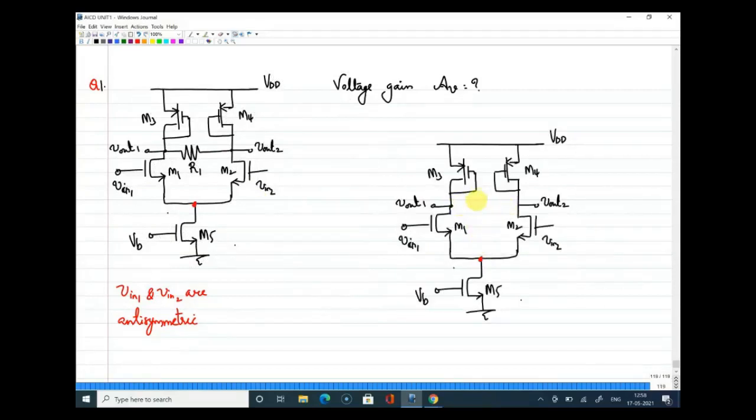You have a resistance R connected there, so I'm doing a very small modification. I'm drawing that resistance R between the drains of M1 and M2 as two resistors, each having a value of R1 by 2 and R1 by 2.